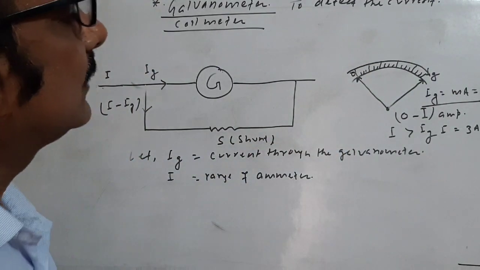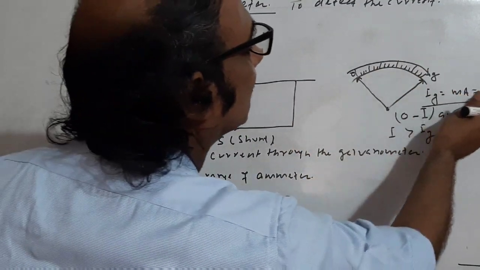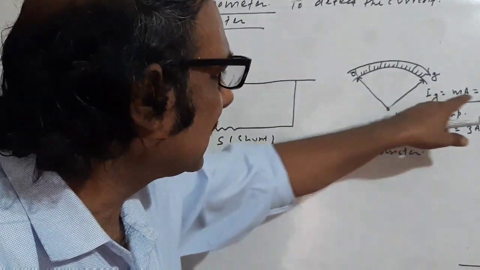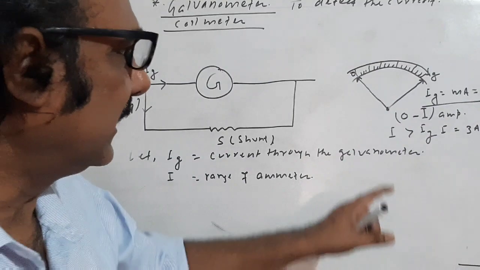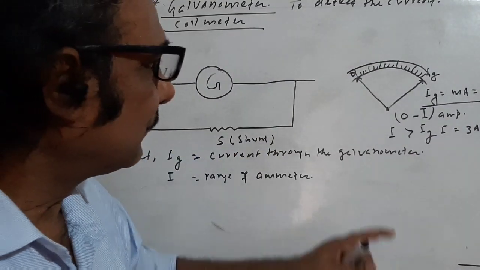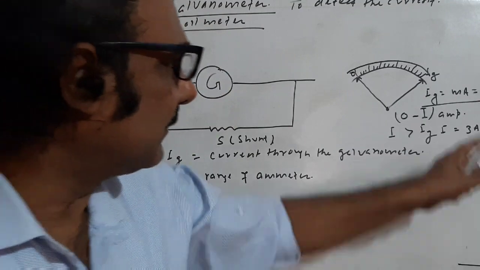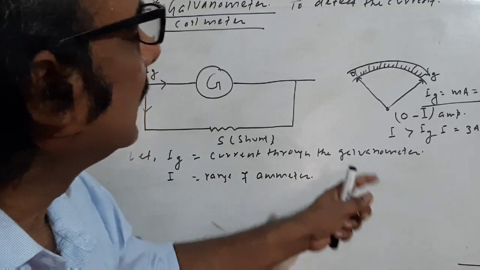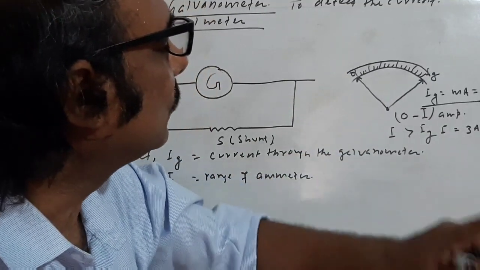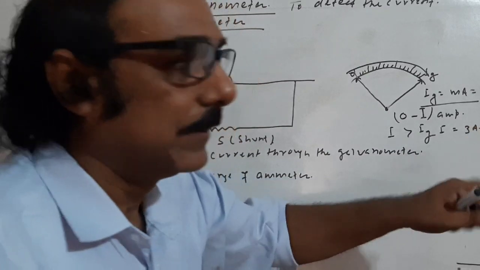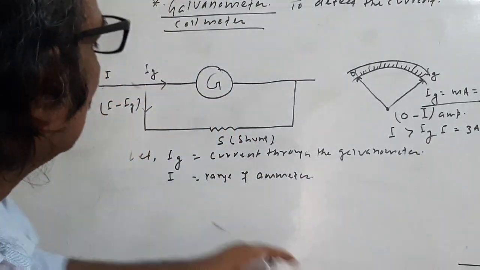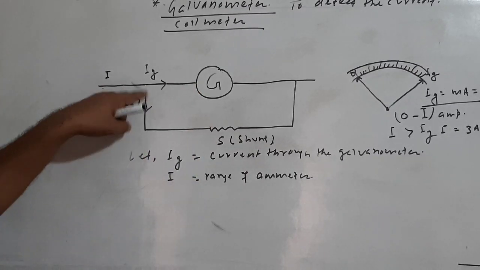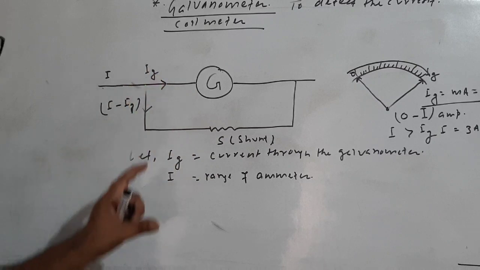You have to keep in mind that the range of the galvanometer is very small. If you want to make a meter of 5 milliampere range, the Ig range, that's okay, you can use it. But if the amount of current exceeds the value Ig and the galvanometer is to be converted into the range of I ampere, which is greater than 5 milliamperes, like 3 amperes, 5 amperes and 10 amperes, at that moment a low resistance is connected in parallel with the galvanometer to bypass the additional current for the protection of the galvanometer.